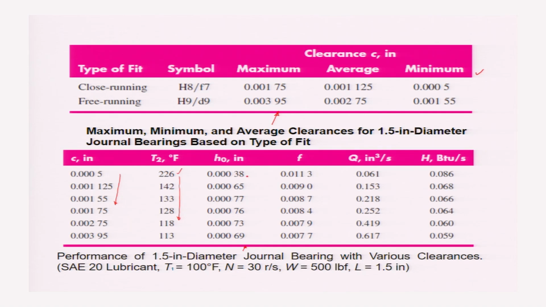The H0 is increasing, but it is increasing up to this one and then starts decreasing. Coefficient of friction is decreasing, Q will increase, H0 will decrease.